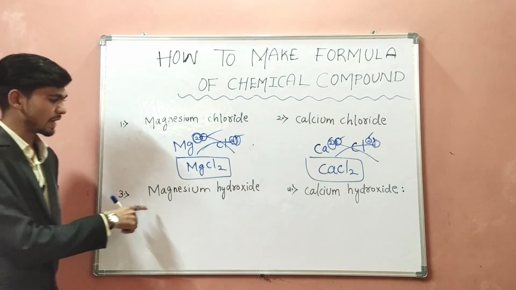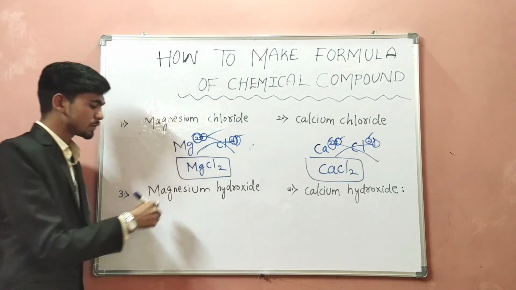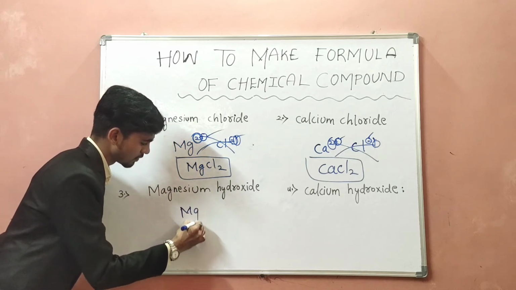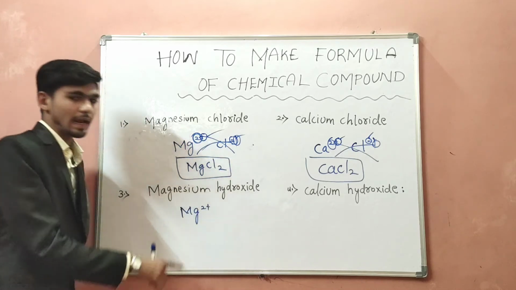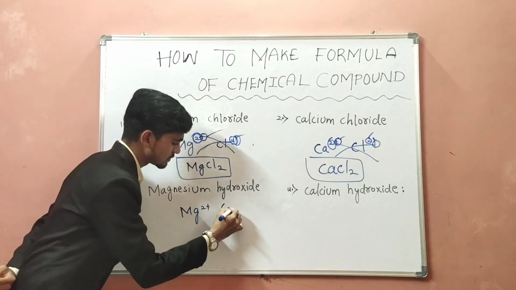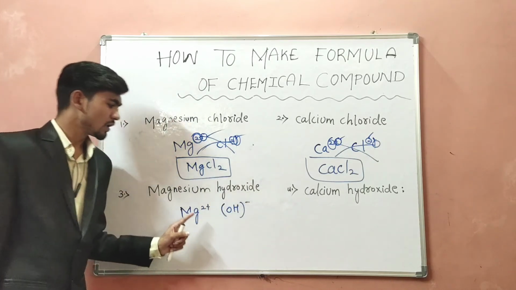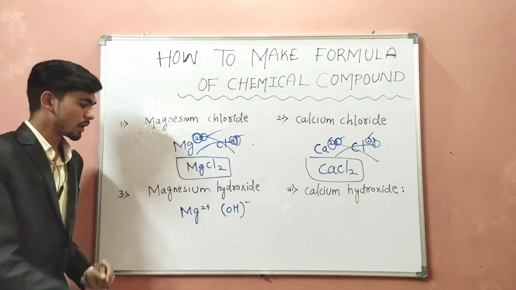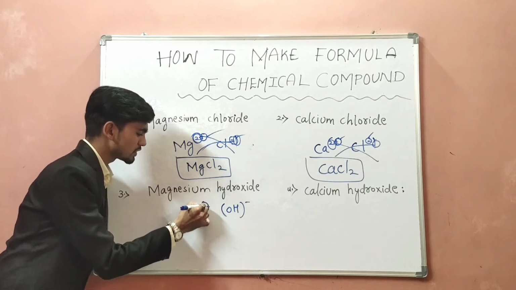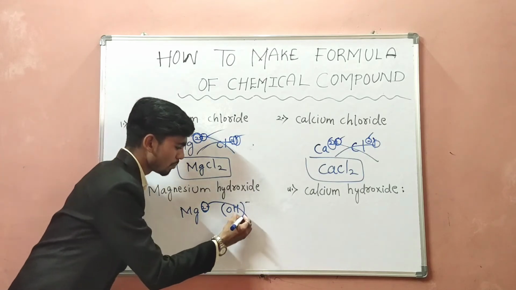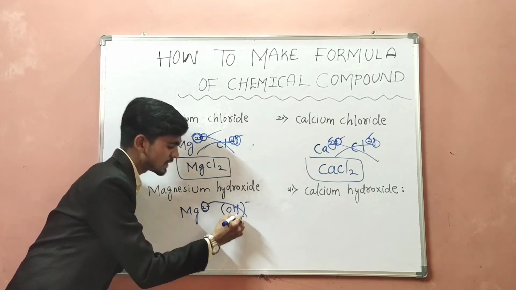Next, see magnesium hydroxide. As we know, the ionic formula of magnesium is Mg2+ and hydroxide is OH-. My dear friends, the point to be remembered is that whatever power you transpose to the opposite side of the bases goes to both oxygen as well as hydrogen.